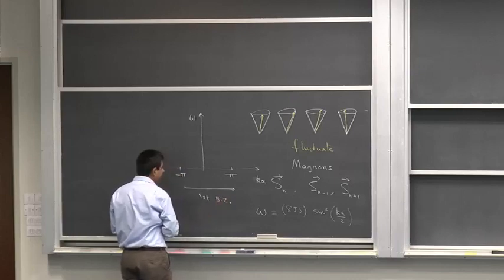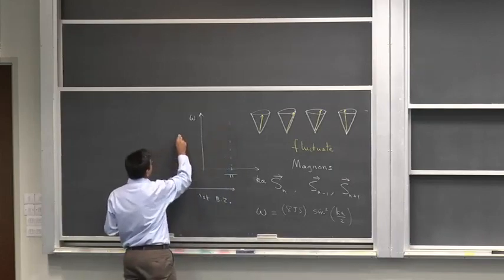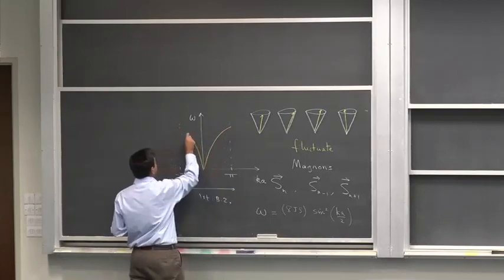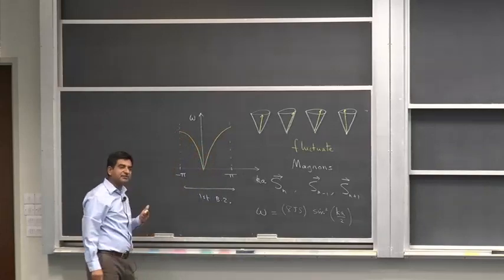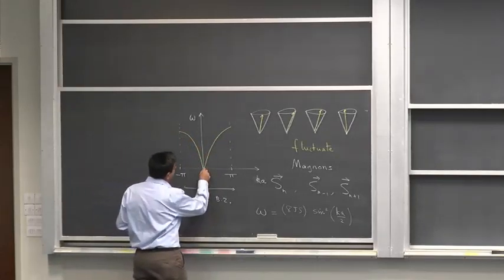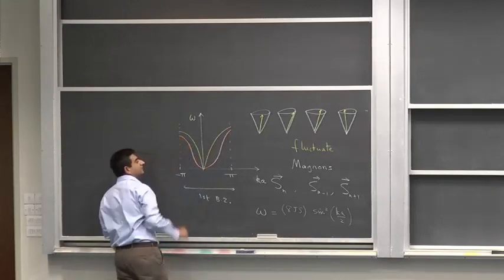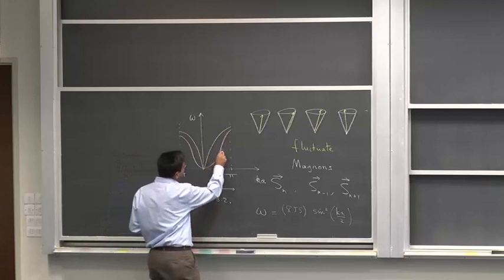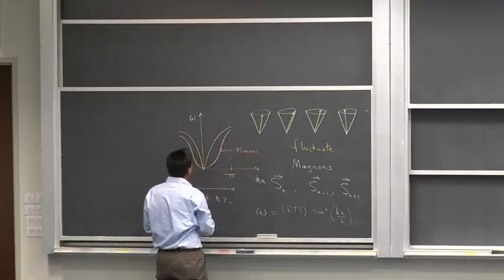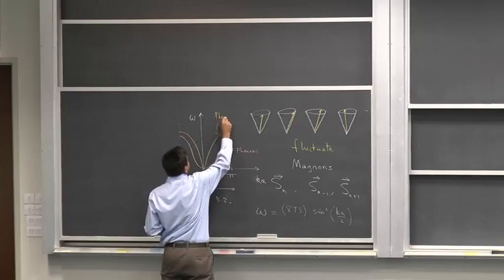For phonons, we have a dispersion relationship which goes as a sine, whereas for Magnons, the dispersion relationship goes as sine squared. So this is for Magnons, and this is for phonons.